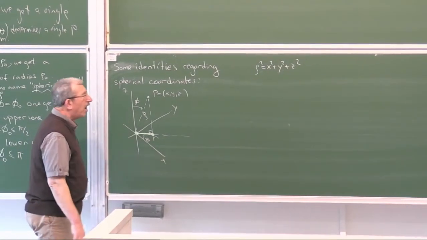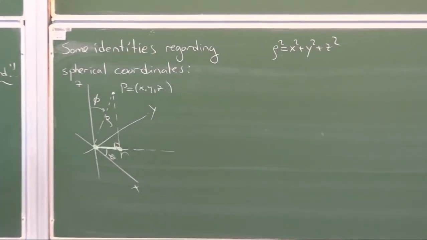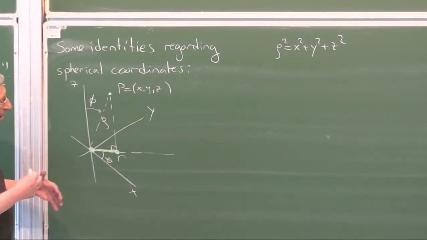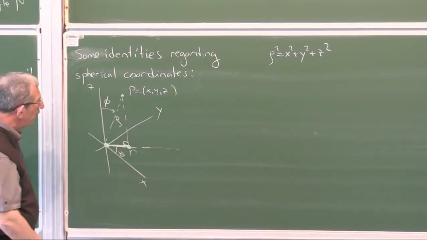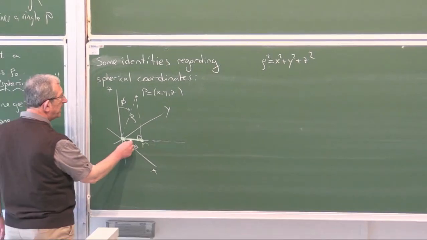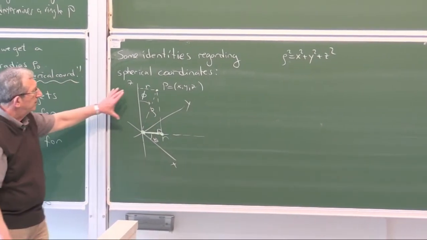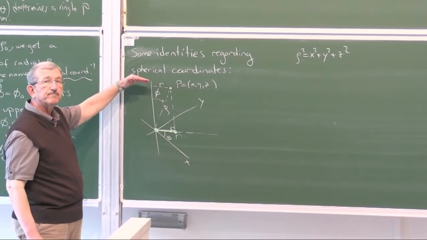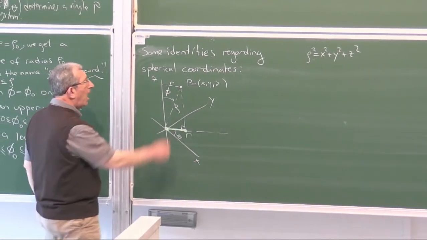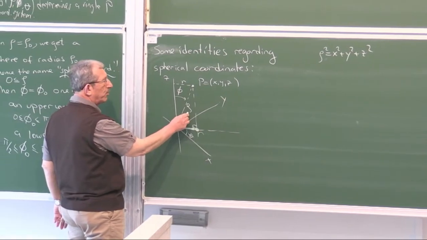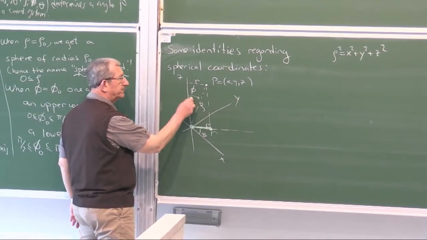Now, what about r? Well, we want to express r using rho, so I can just look at what happens at the top. This is also r, if I go vertically up. So, r divided by rho gives me sine phi.